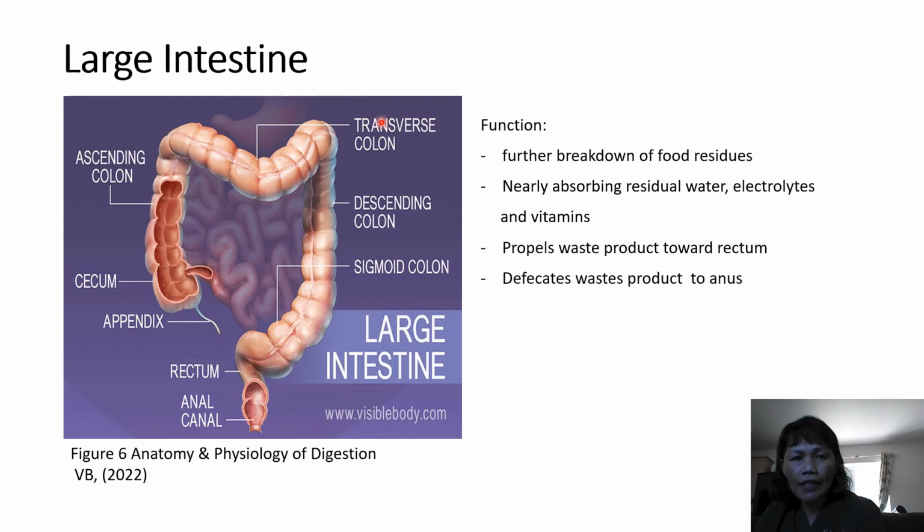The large intestine consists of the ascending, transverse, descending, and sigmoid colons, cecum, appendix, rectum, anal canal. Function: further breakdown of food residues, absorbing residual water, electrolytes, and vitamins.